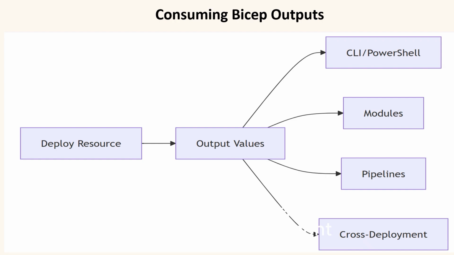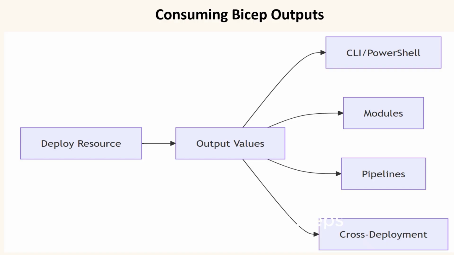For automation and continuous integration and continuous deployment, otherwise known as CI/CD, we can leverage pipeline variables as Azure Bicep outputs. When Bicep deployments run within CI/CD pipelines, whether that's Azure DevOps, GitLab CI, GitHub Actions, or any other system, we can capture those Bicep outputs and then promote them as pipeline variables.